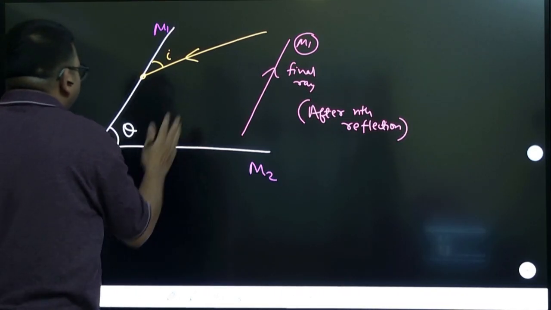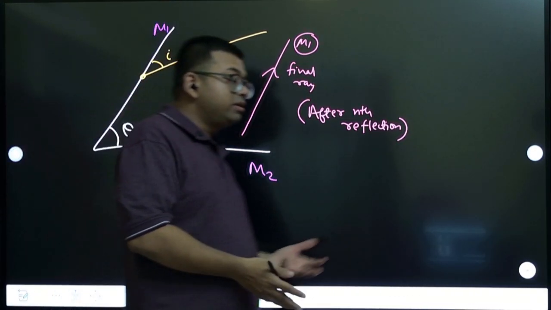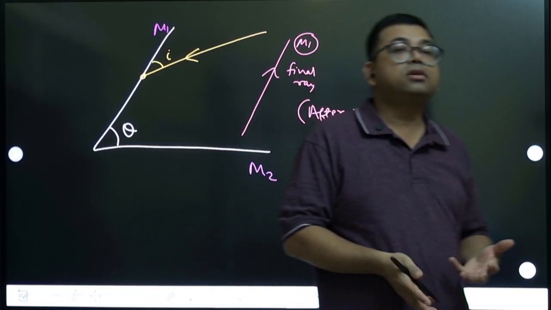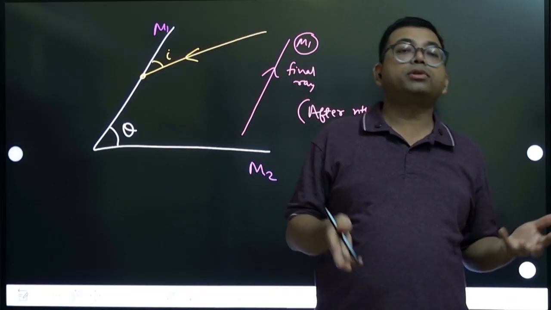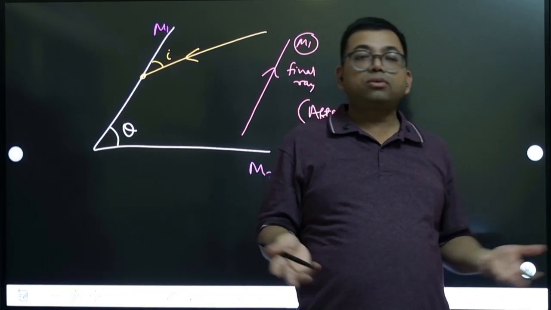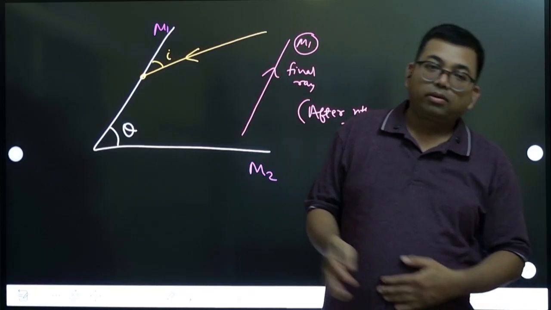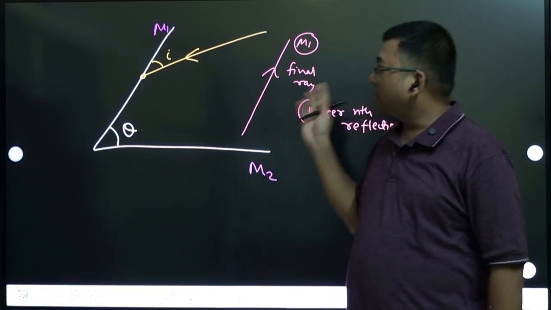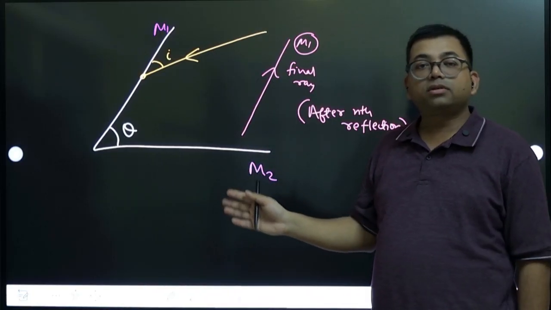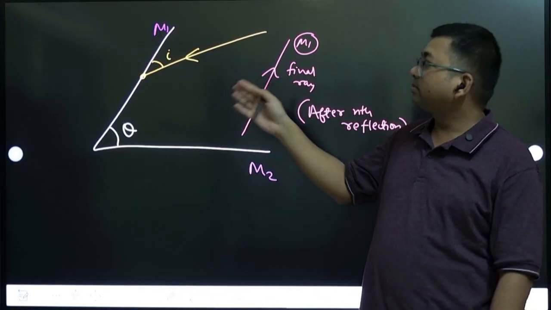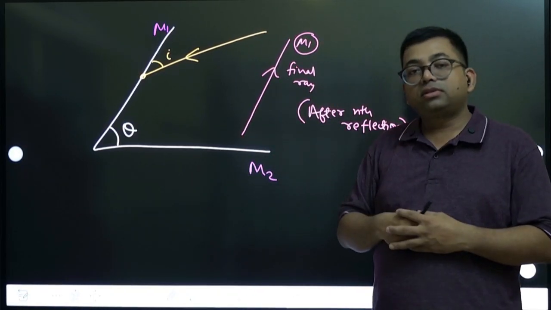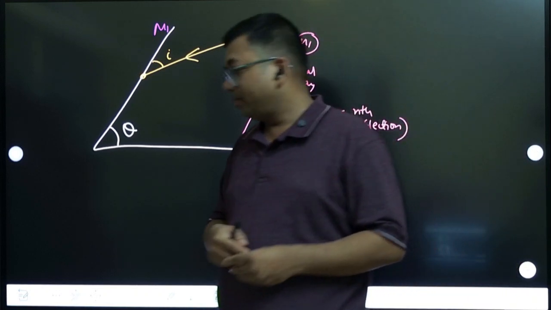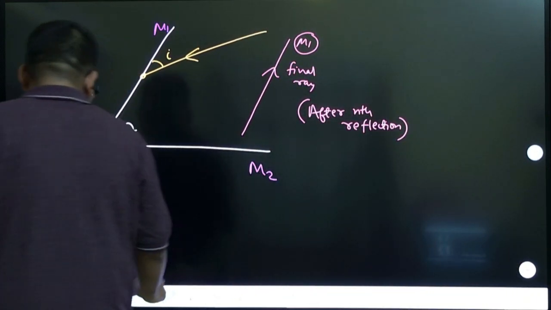Final ray becomes parallel. There are some questions, you look. If you have solved enough questions, you will find such model of questions in your NEET modules, books, or JEE Main. They will give this angle and they will say that the ray is coming like this. After some reflection, it becomes parallel to either that mirror or this mirror. What should be the angle of incidence i? Okay. What do you think? How to calculate that?